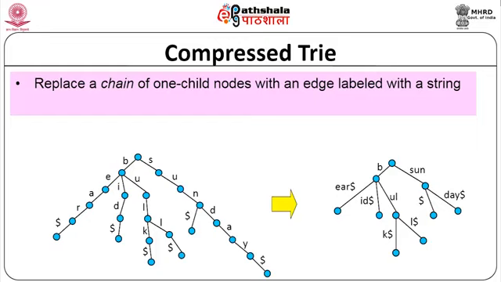Similarly in BID dollar, the ID dollar can be stored together. In BULL and BULK, up to that remains as it is, but K dollar and L dollar can be stored together. The SUN dollar remains; SUN can be common because all of them are one child, but after that there is a difference. So this is a compressed representation of a trie.